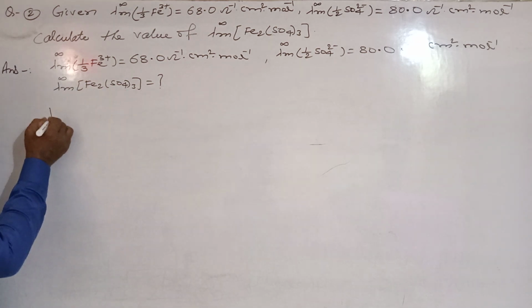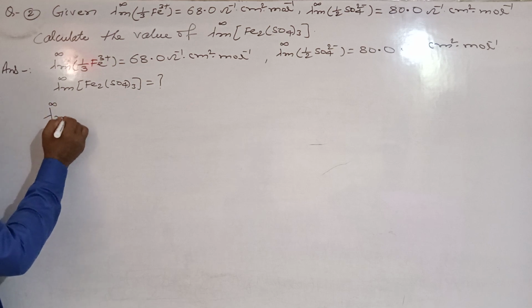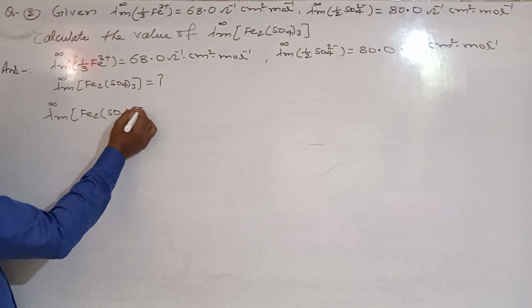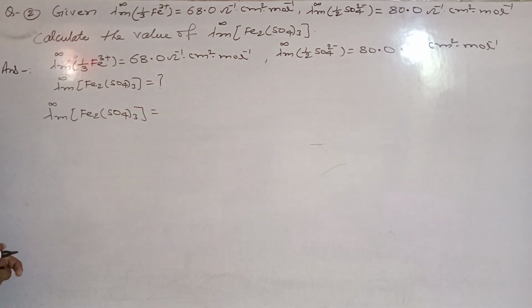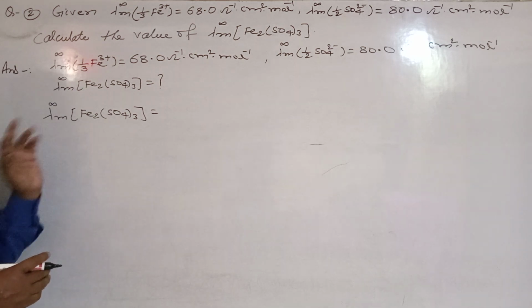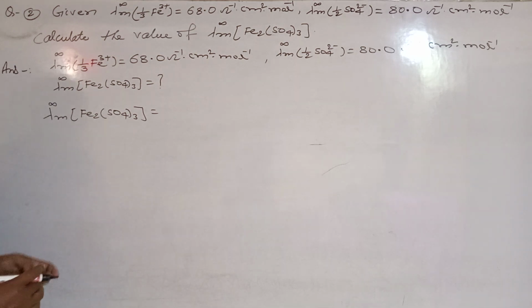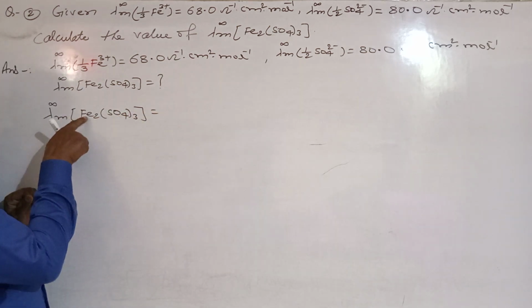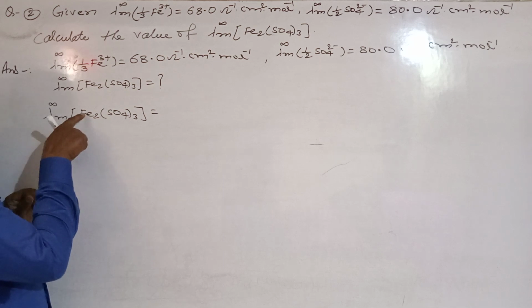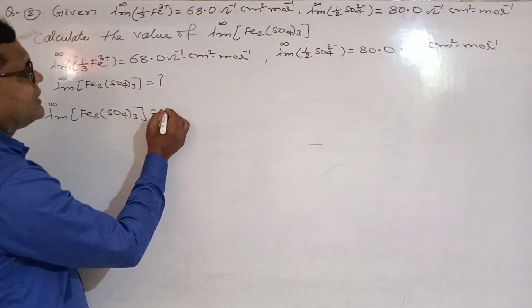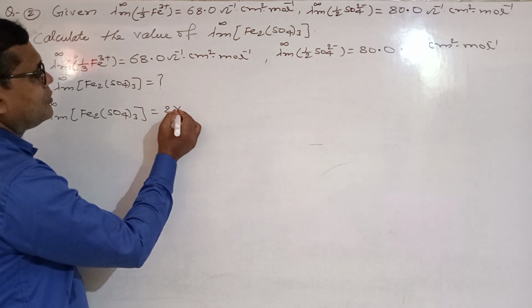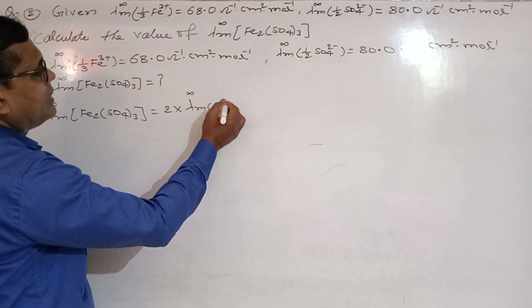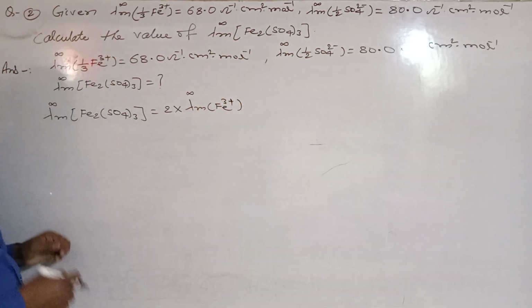Here we write lambda infinity m of Fe2(SO4)3. Now we dissociate it into positive and negative ions. In the electrolyte, 2 Fe ions are present. Here we write 2 into lambda infinity m of Fe ion, which is ferric ion.